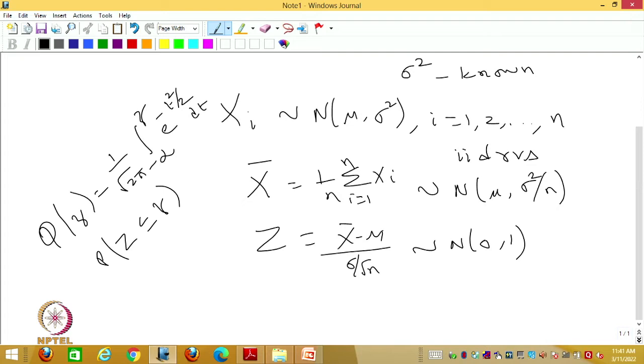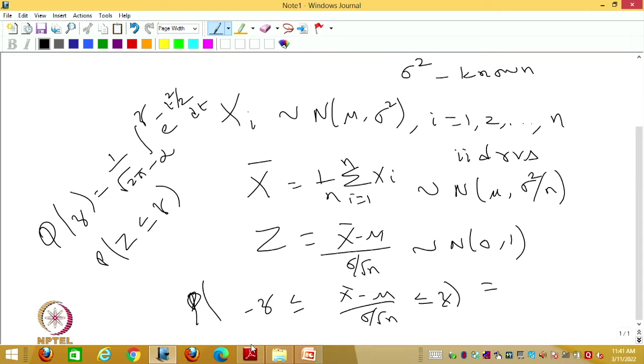So, using psi of z, I can work out the probability that x bar minus mu divided by sigma by root n lies between minus z and plus z.